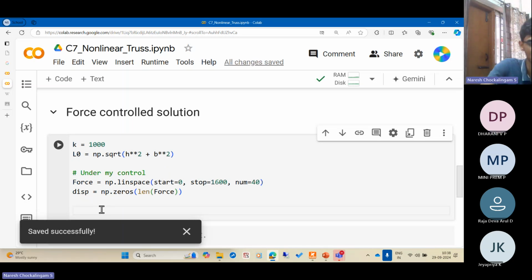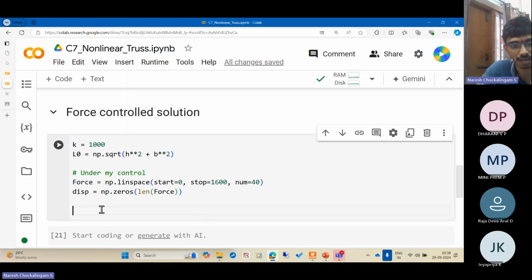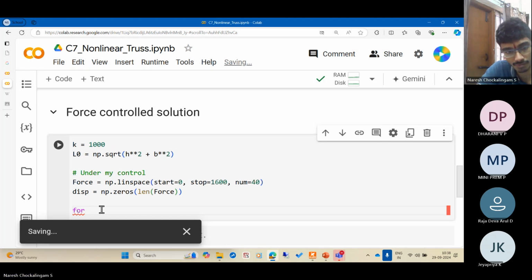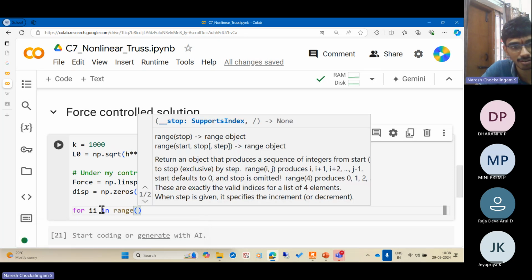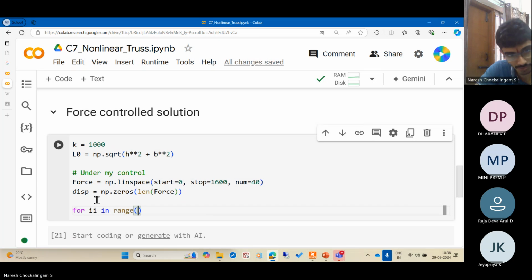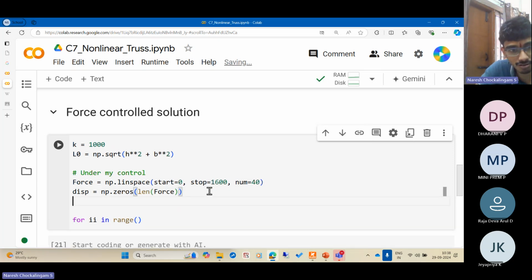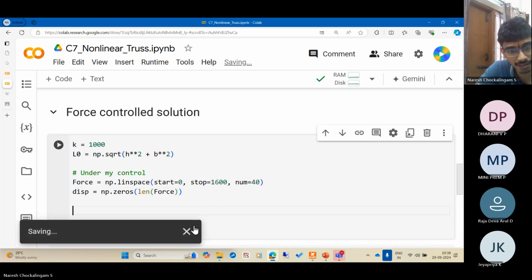I have to apply the force. I have to increase the force in steps, so I'll run a for loop over the force. For i in range of. Do I have a starting point? Do I know the equilibrium point anywhere?